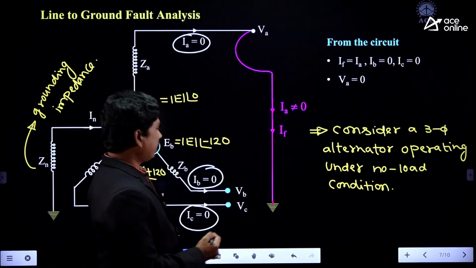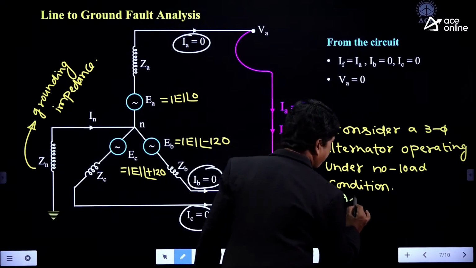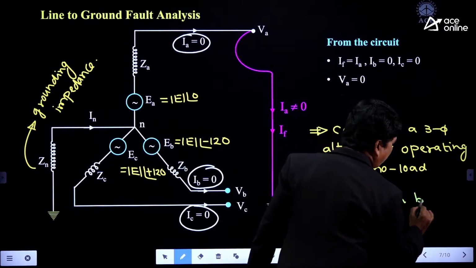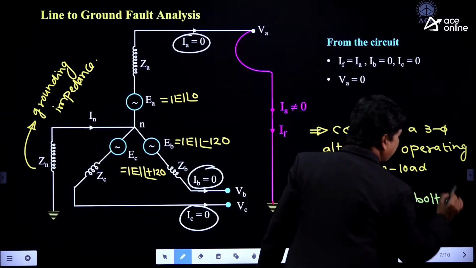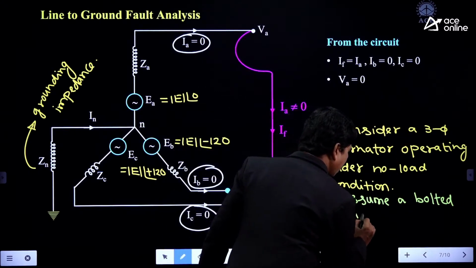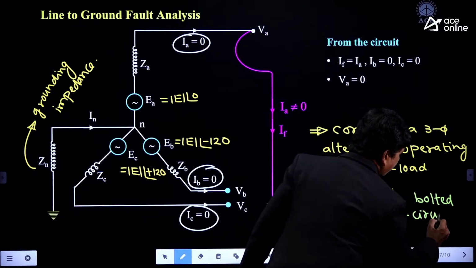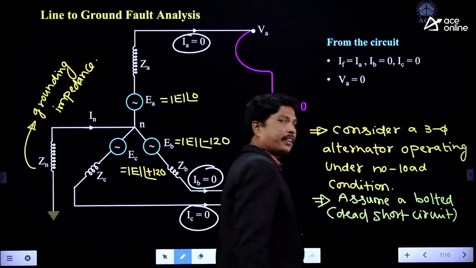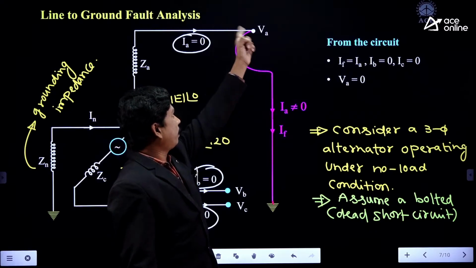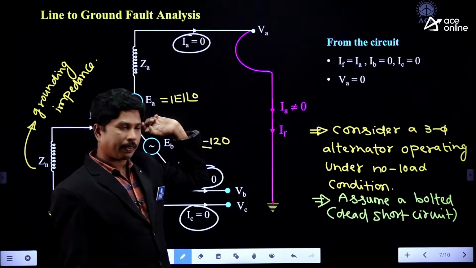Clear? So we'll assume a bolted, that is dead short circuit, fault. Dead short circuit fault means there is no fault impedance. So between line and ground, there is no impedance, right?